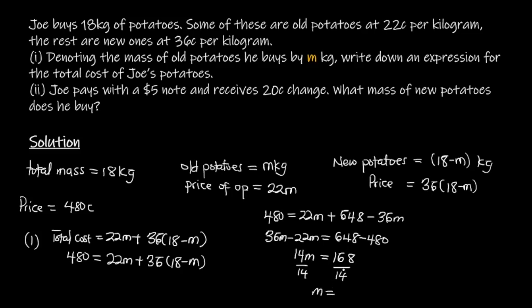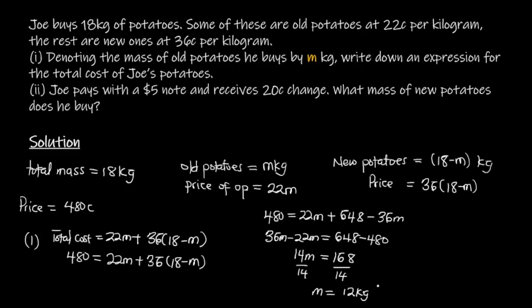The value of m will be equal to 168 on 14 will give me 12, and that is in kilogram. Okay, so it means the mass m, which is the mass of the old potato, is 12 kilogram.